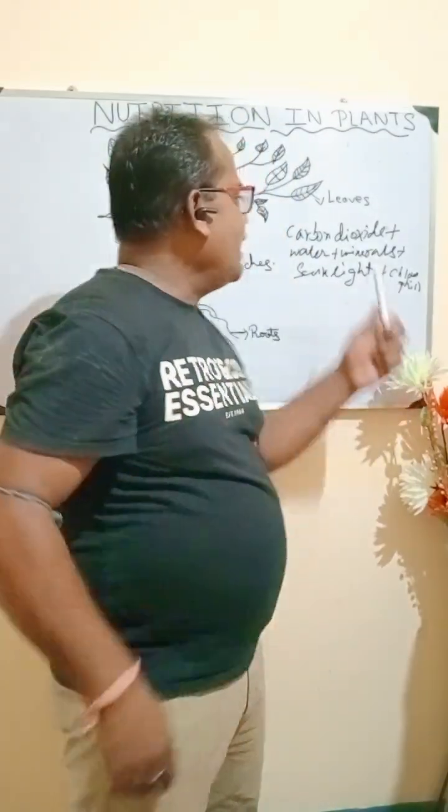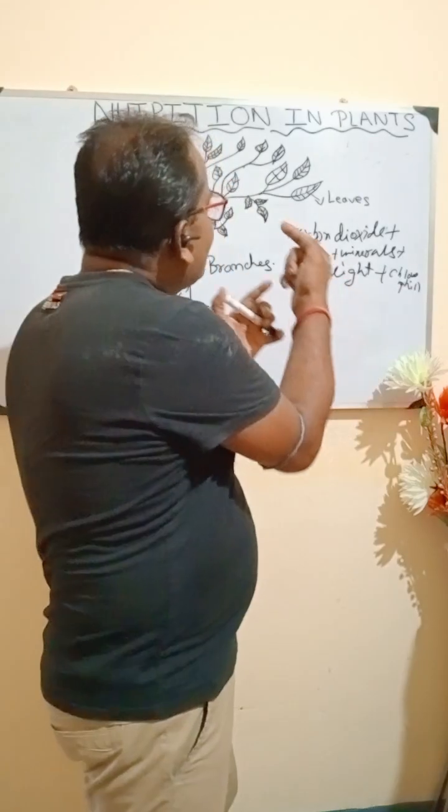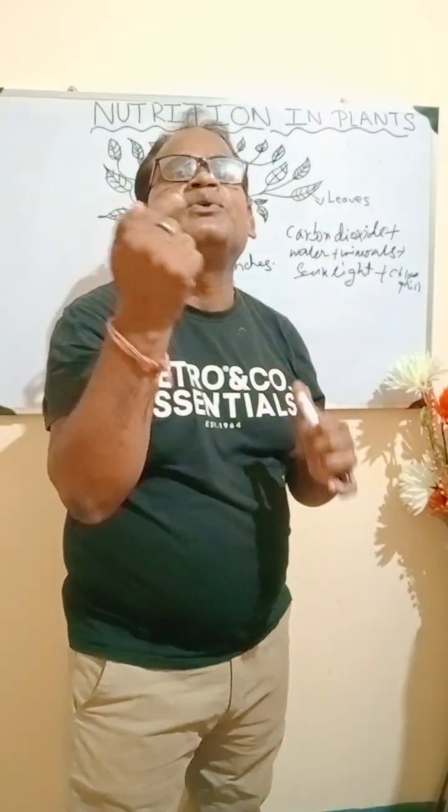And you know, there is a pore, a hole, in every leaf, and that hole is called stomata. Carbon dioxide is necessary for photosynthesis, and this carbon dioxide enters the leaves through those holes guarded by guard cells. Guard cells open and close.